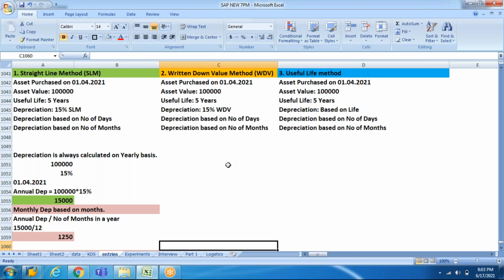In SAP, you will have the analysis where the system will give you a detailed breakup of every month, every year. By one click, you will get to know the complete picture of the asset, right from the start until the end. So you can see what depreciation was captured on a monthly basis, and what depreciation was captured on a yearly basis. That will give you a clear picture.